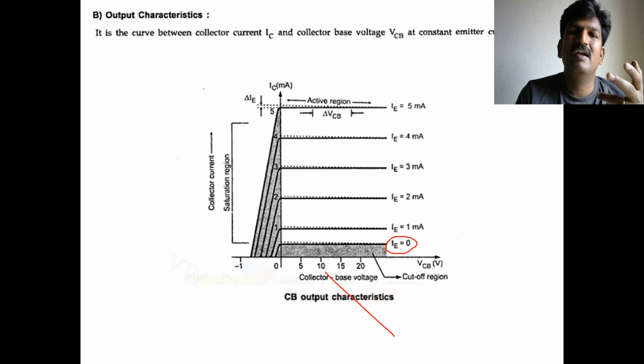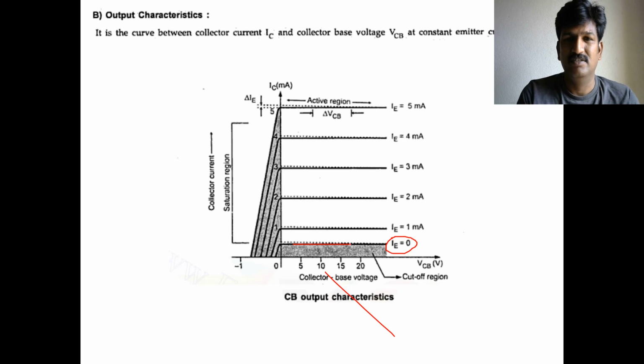When the emitter current does not exist, there might be some current passing from the collector to the base terminal. That current you can call ICBO. I will explain what ICBO is.